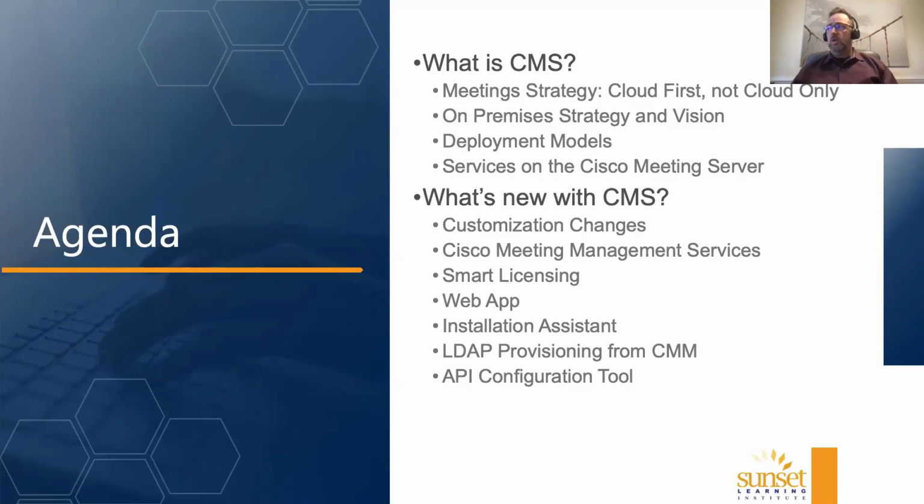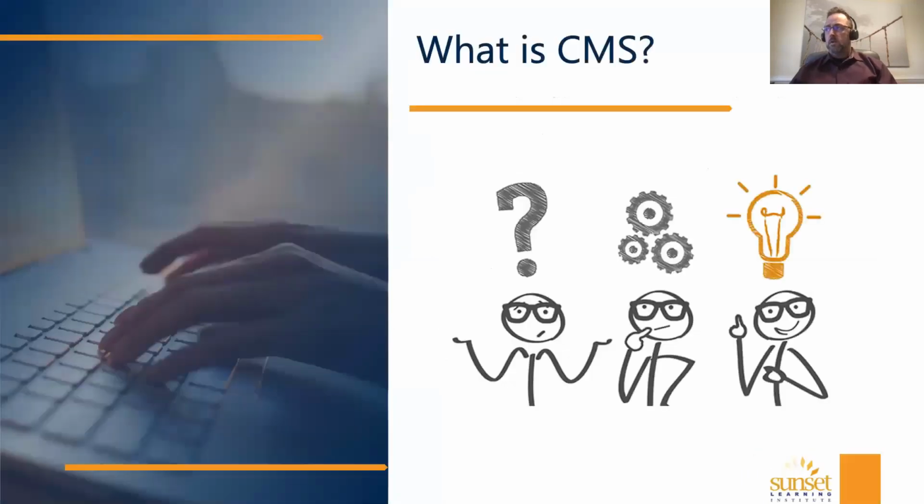And then we're going to look at what's new. So we'll talk about some of the customization changes in CMS, the meeting management services available, smart licensing, web application, installation assistant, LDAP provisioning from CMM, and API configuration tool. So let's begin by examining exactly what CMS is.